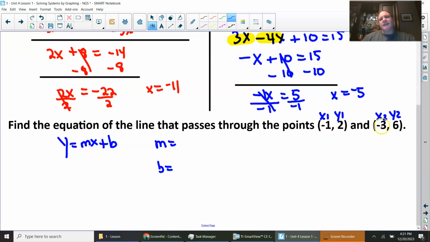Now I'm looking for the x of 0, and I don't have an x of 0, so I don't have the y-intercept. We'll worry about that later. So far right now, the first thing that I'm going to do is to just write down the slope formula, which is y2 minus y1 over x2 minus x1.